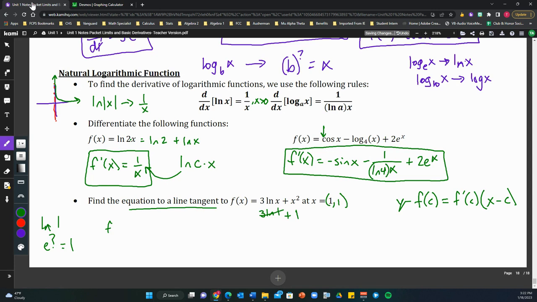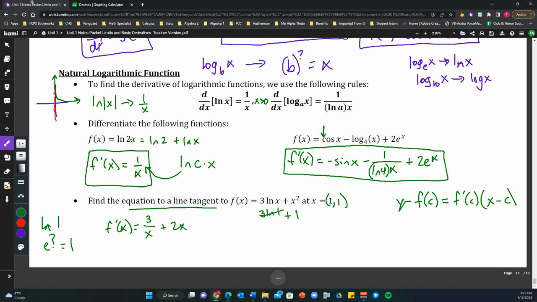So now I have to take the derivative. So we take the derivative first, and then we'll plug in our point of tangency. So f prime of x, derivative of 3 natural log of x, that would be 3 times 1 over x, or I can simply write that as 3 over x, plus derivative of x squared would be 2x.